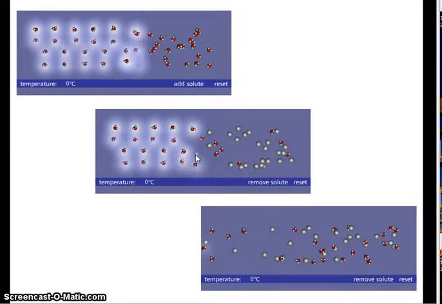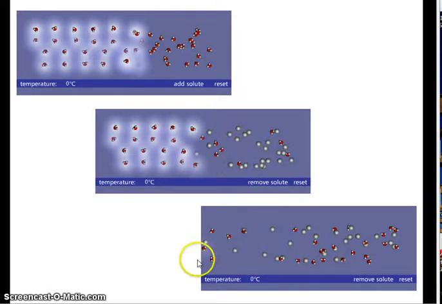However, on the other side, the salt molecules that are dissolved in this liquid water do not stop the solid water molecules from melting to liquid. And so you get a shift in the equilibrium.